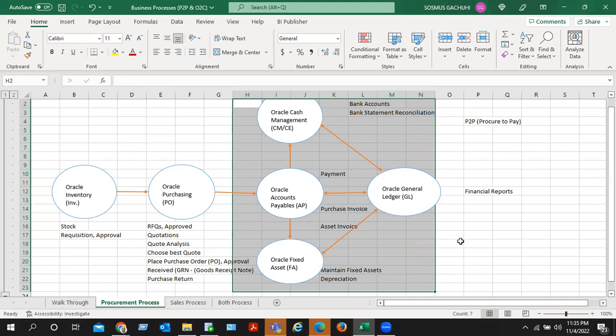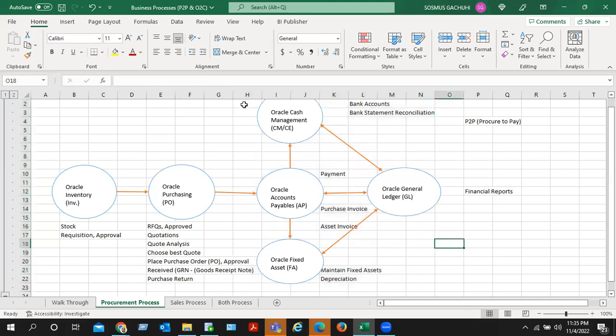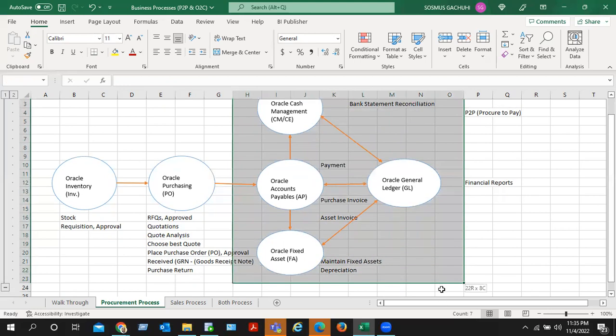I hope it's clear. So in our learning for Oracle Financial skills, we'll be majoring more on Oracle Cash Management, Oracle Accounts Payable, Oracle Fixed Asset, and Oracle General Ledger.